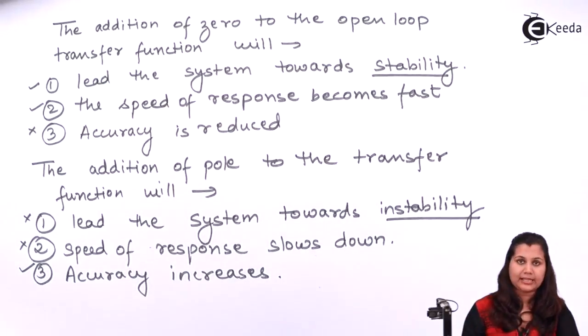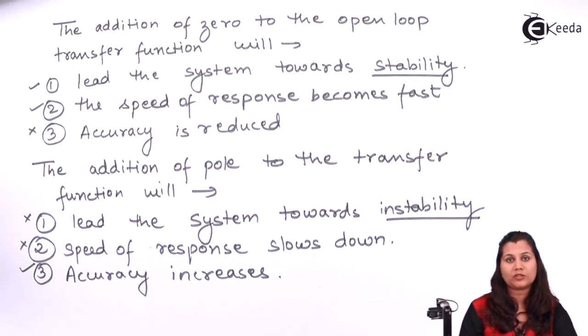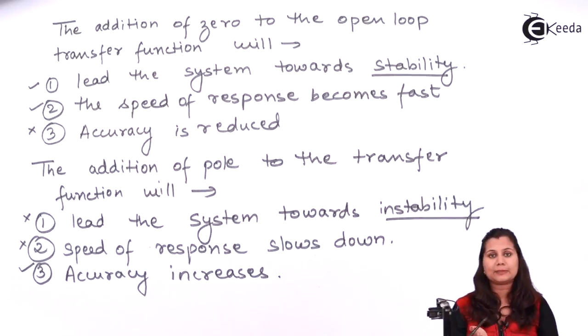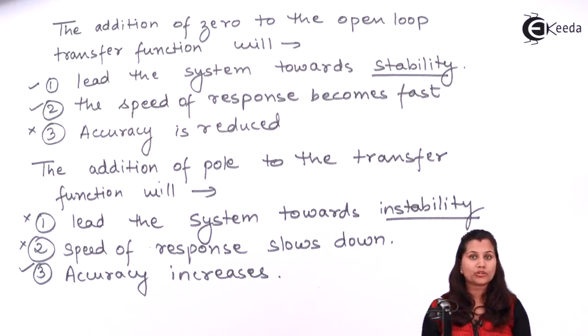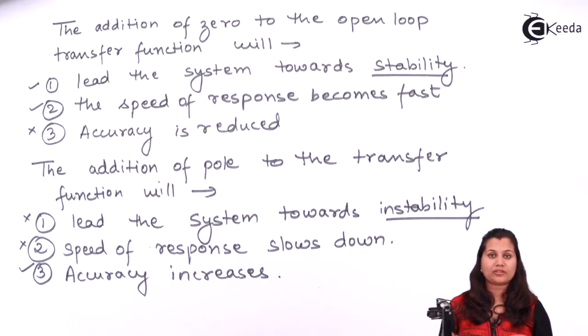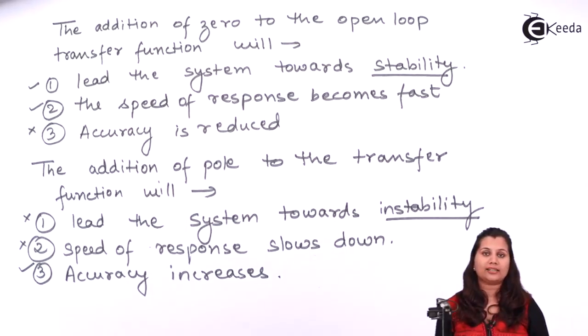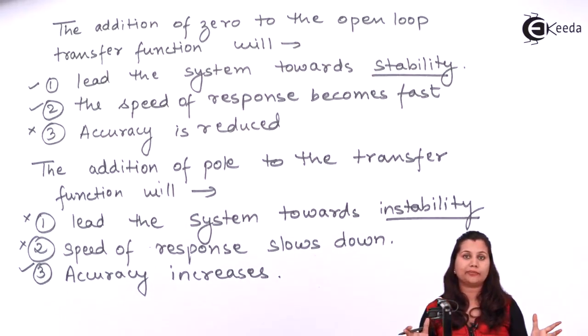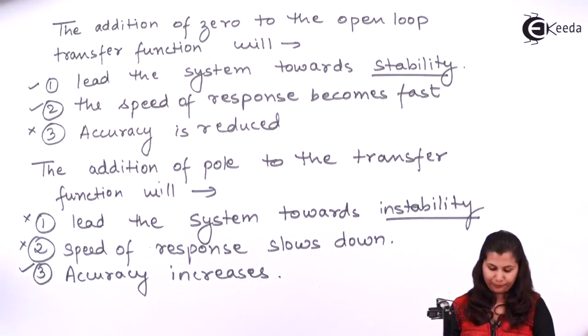The system becomes stable, the speed of response is increased, and accuracy is also increased. So we add these poles and zeros in some proportion, at suitable places, so that the overall system performance is improved.